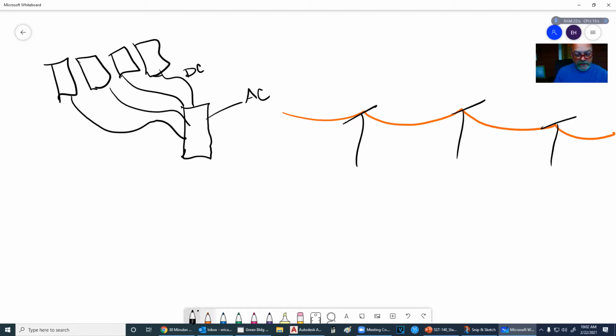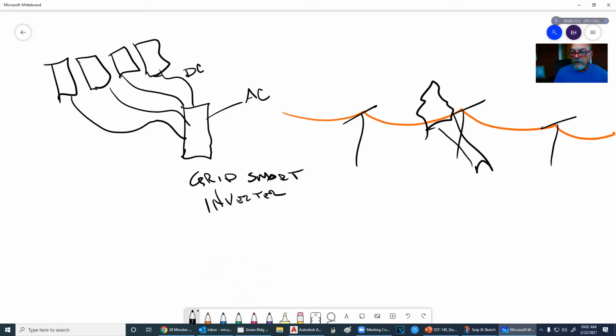But this is what is known as a grid smart inverter. Meaning that if for some reason a tree falls on this line over here and breaks the line, then this thing is not going to sense a phase in here, and it's going to shut down.